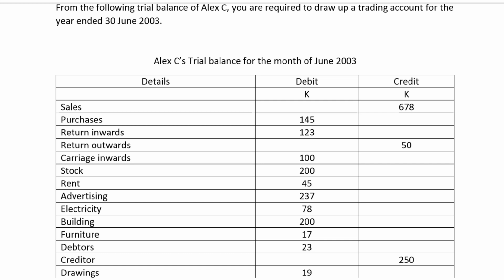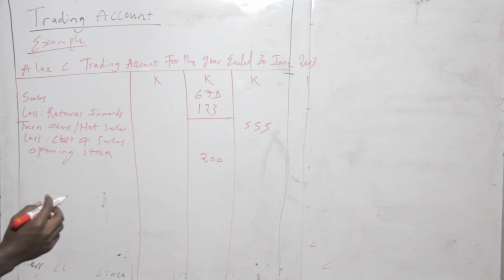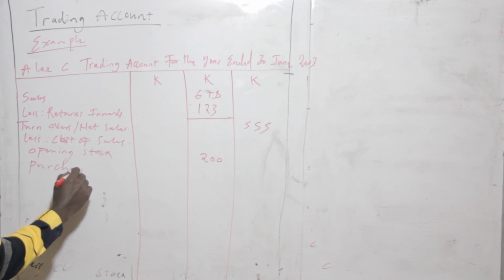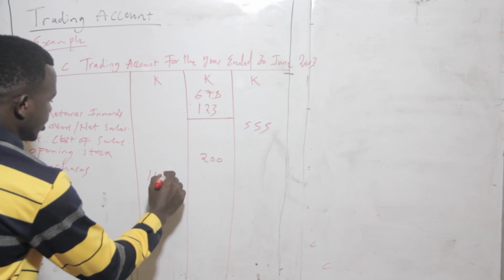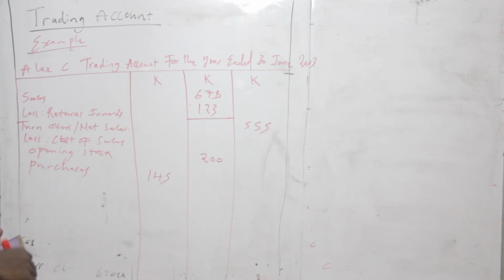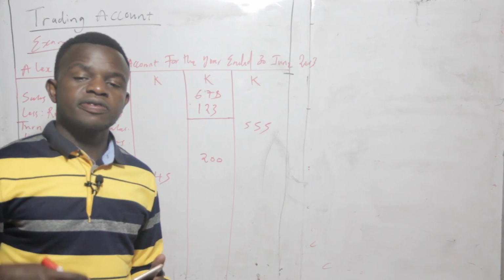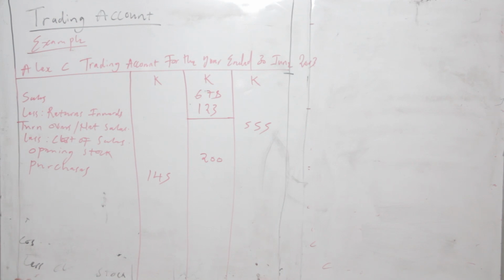So we're going to put our 200. Then the next thing that we're supposed to record is our purchases, and our purchases amounted to 145. And since we have returns outwards, we have to subtract them from purchases so that we can get our net purchases.